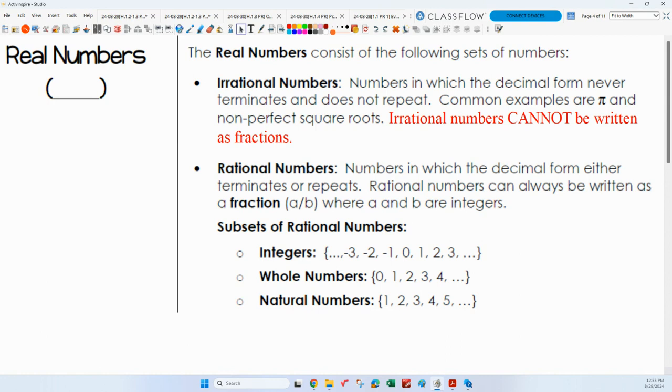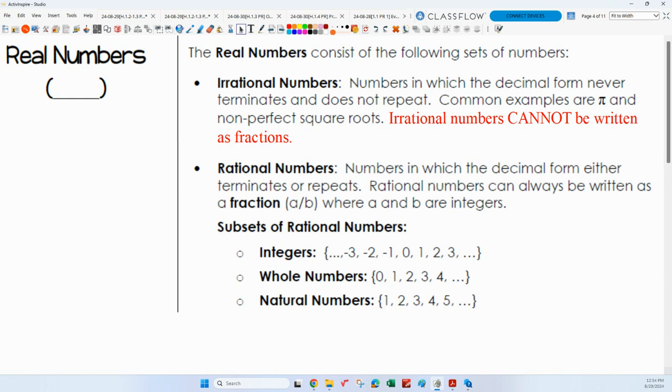They don't, because if they repeated, they would be rational, right? Do they terminate? No, because if they did, they'd be rational. They're irrational. So irrational numbers are all the decimals that never repeat and never terminate. They just go on forever randomly. What's an example of one like that? Pi. Pi goes on forever, never stops, but it has no pattern, okay?